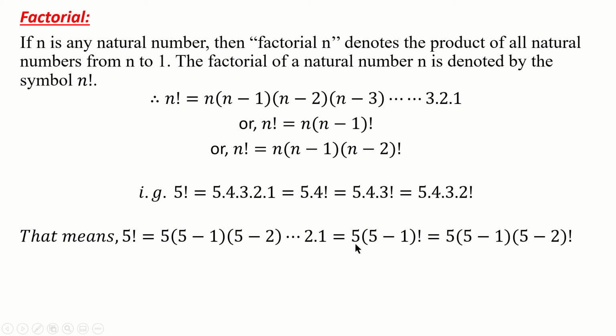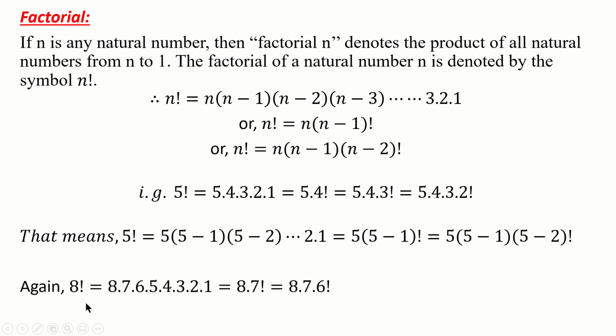This equals 5 into 5 minus 1 into, meaning n into n minus 1 factorial. This equals 5 into 5 minus 1 into (5 minus 2) factorial. That means 5 into 4 into 3 factorial. Here 5 into 4 factorial. That means this and this, and the same form.